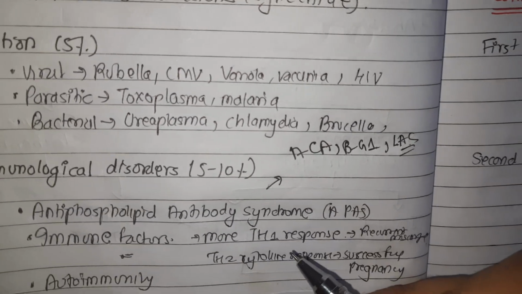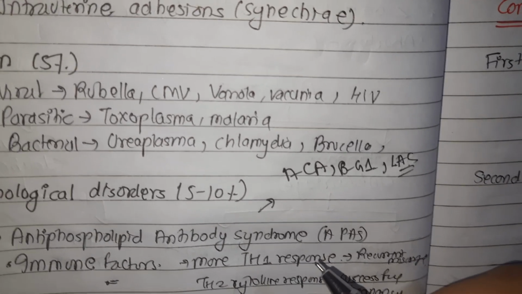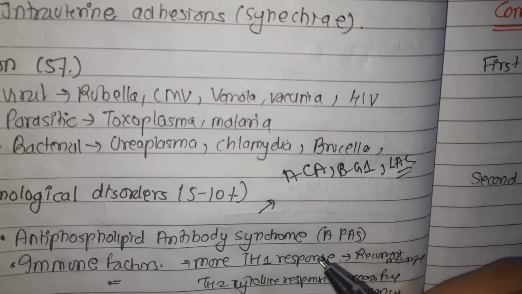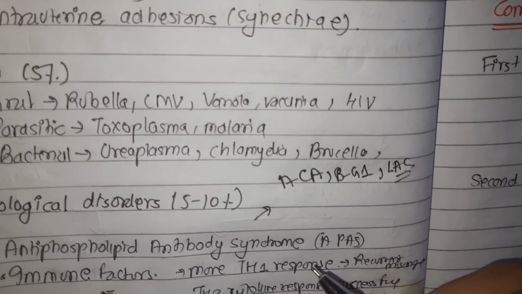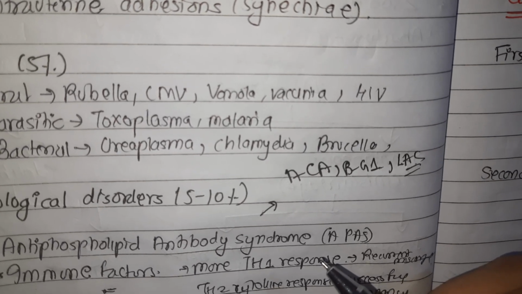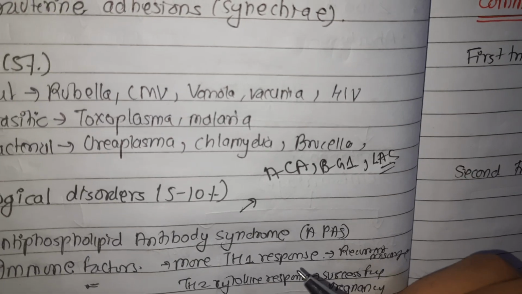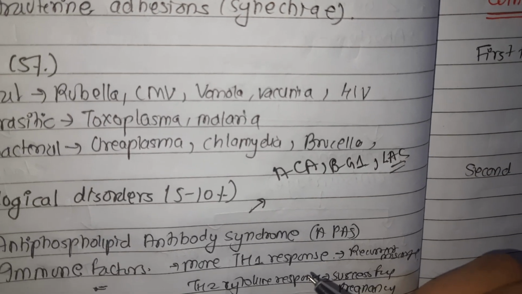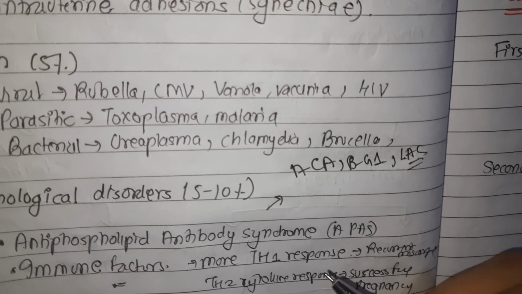The T helper 1 response is the production of pro-inflammatory cytokines, and the T helper 2 response is the production of anti-inflammatory cytokines. Pro-inflammatory cytokines are interleukin 2, interferon, and tumor necrosis factor. And the T helper 2 response is production of anti-inflammatory cytokines like interleukin 4, 10.